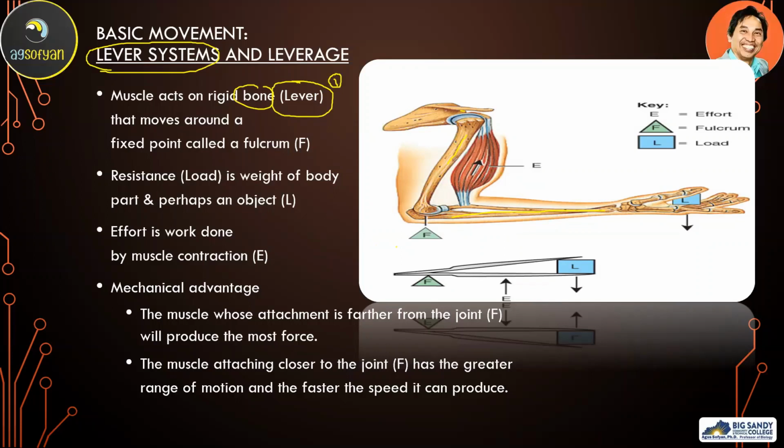And the fixed point, usually the joint, is called the fulcrum. So this is the second part of the lever system, the fulcrum. The next part is called the load, which is the resistance or the weight that is present in our body.